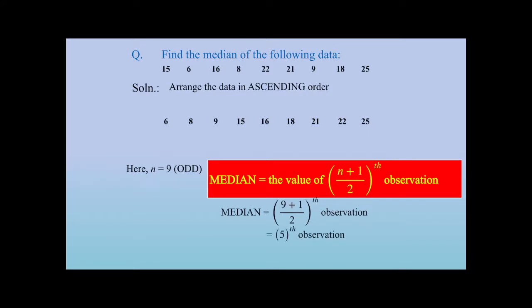Now counting from the first, 6 is the first number, 8 is the second number, 9 is the third, 15 is fourth, and 16 is the 5th observation. So our median will be 16.